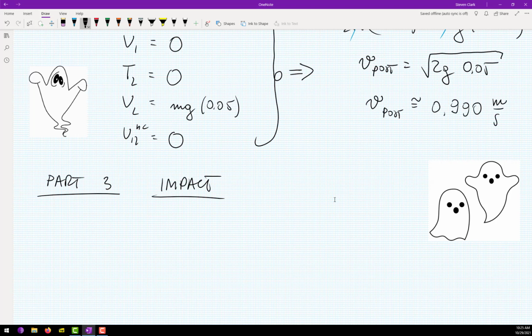Please observe that when I speak about energy, I say configuration and configuration, and when I talk about momentum, I talk about instant and instant, because momentum is an integral over time.